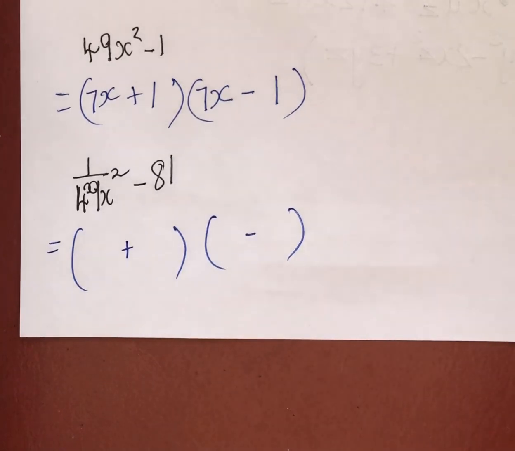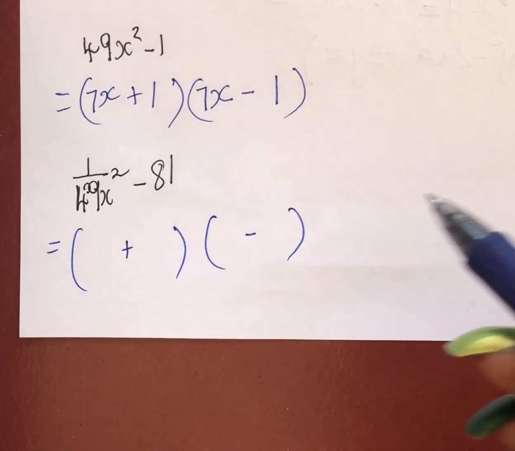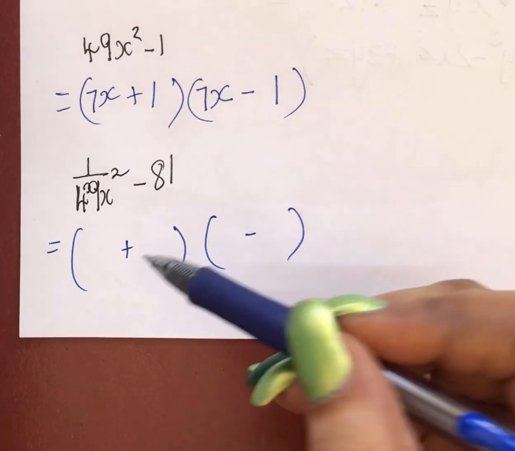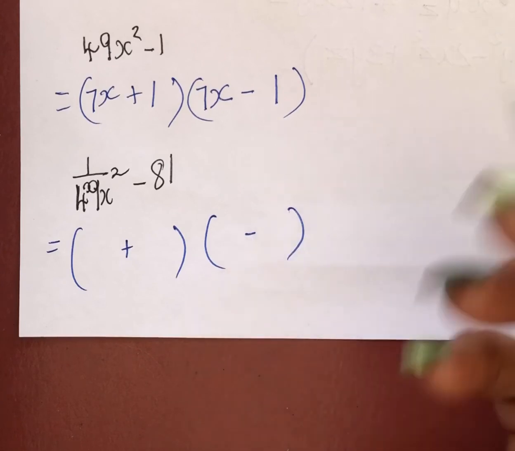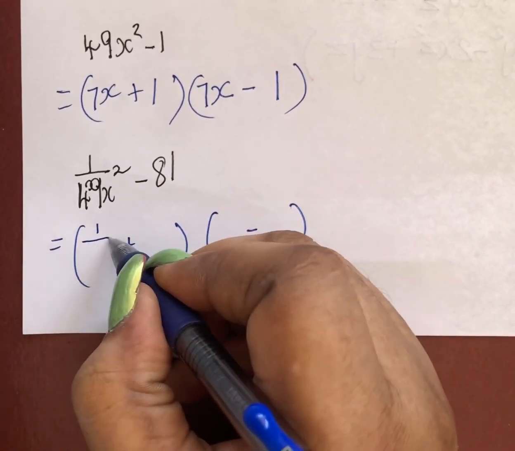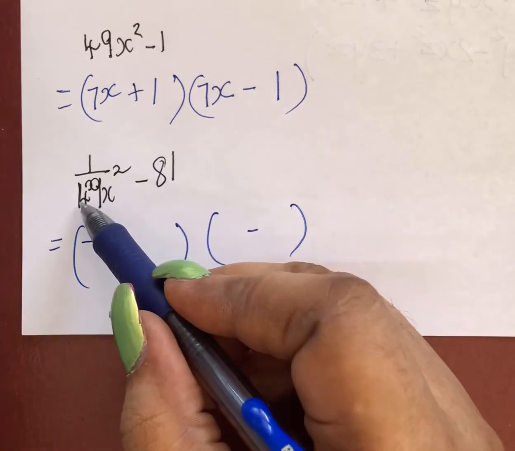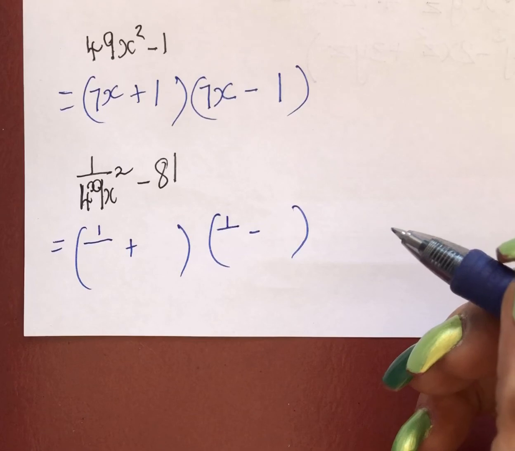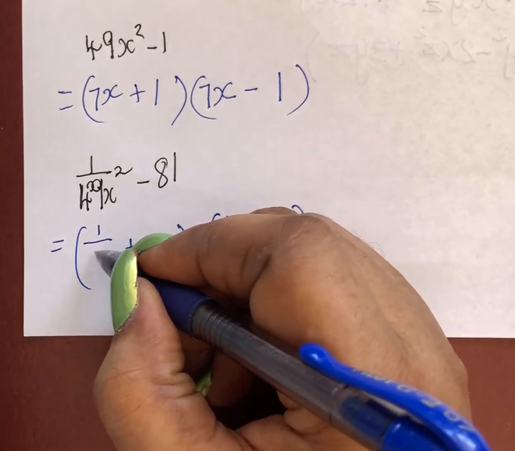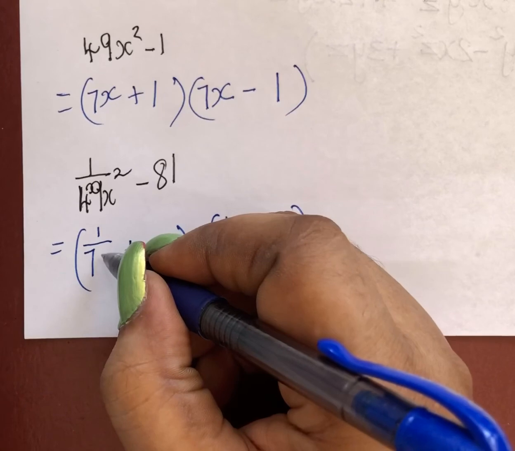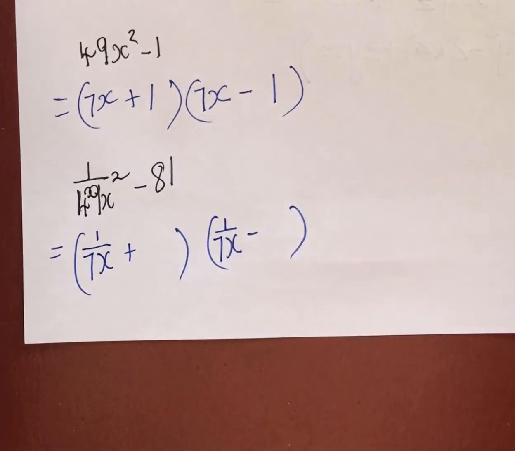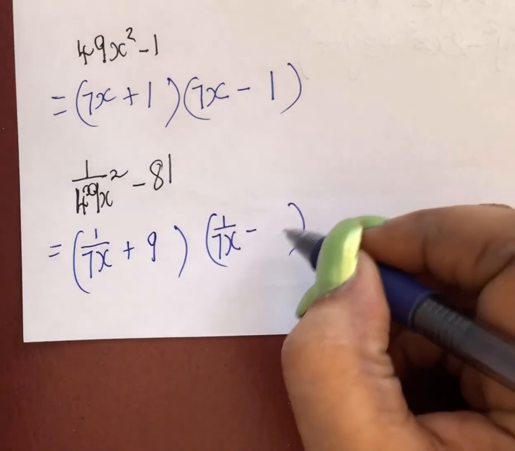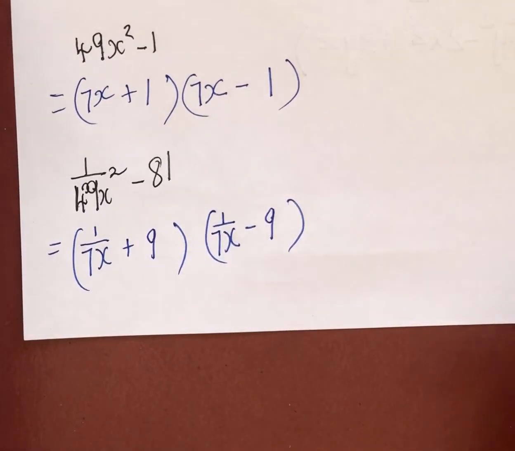Our rule is we're going to have the product, according to the distributive law, and we're going to add one time, subtract the other time. Our numerator will remain, but we're going to factorize our denominator. Our denominator is 49x squared, so it will be 7 and 7. X times x will give us x squared. And 81, it is 9 multiplied by 9.